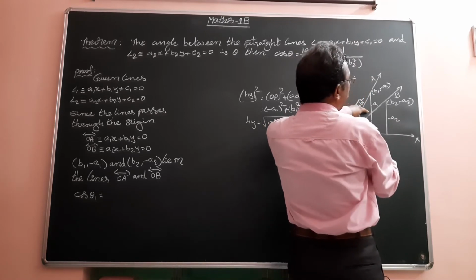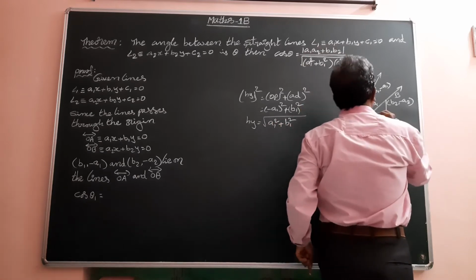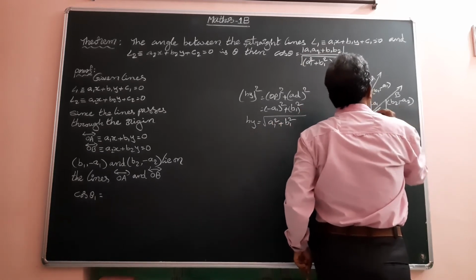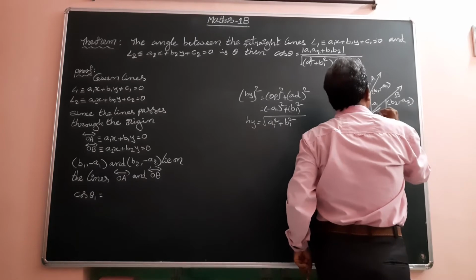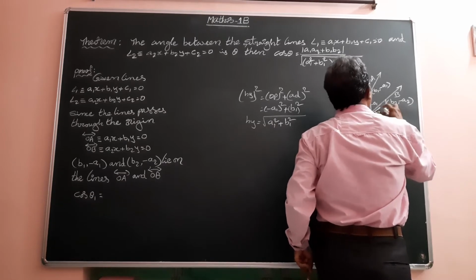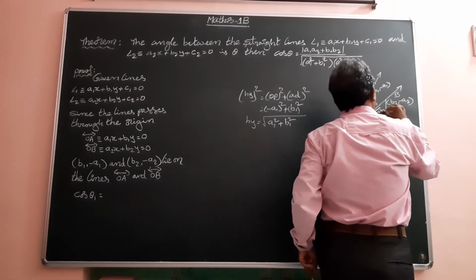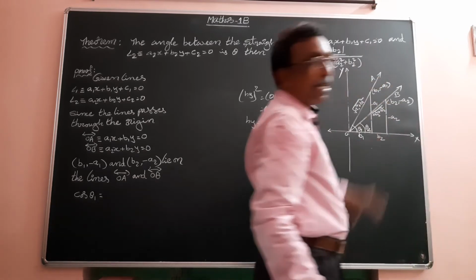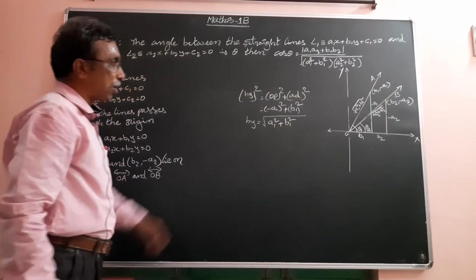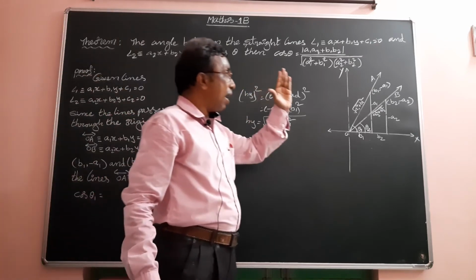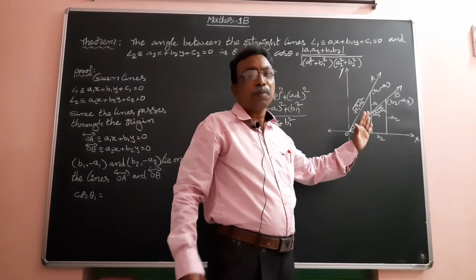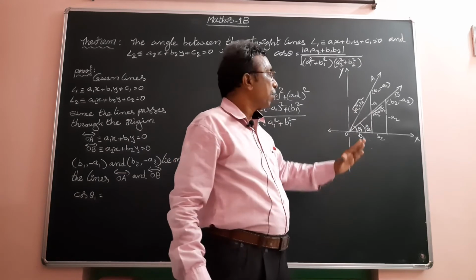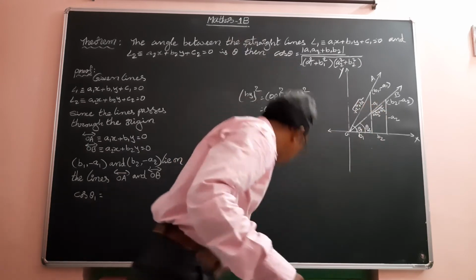Minus a2 whole square means plus a2 square plus b2 square. This hypotenuse is root of a2 square plus b2 square. First, all of you understand this figure. Proof is very easy. Now we write these steps only.